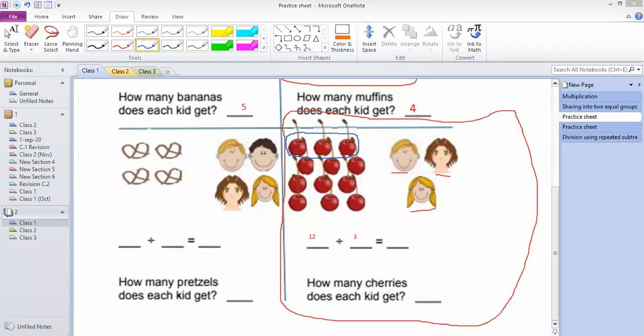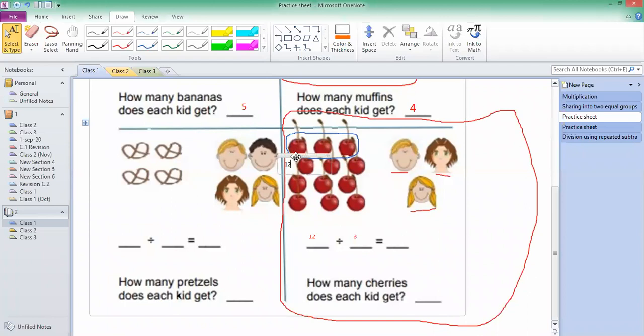When you give one cherry to each of them, that means you give 3 cherries. So you will write here 12. When you give one cherry to each of the kids, that means you will subtract 3. 12 minus 3.